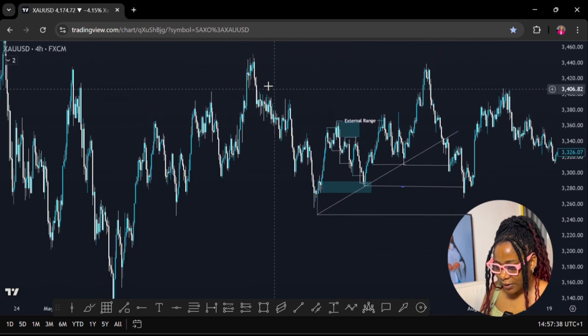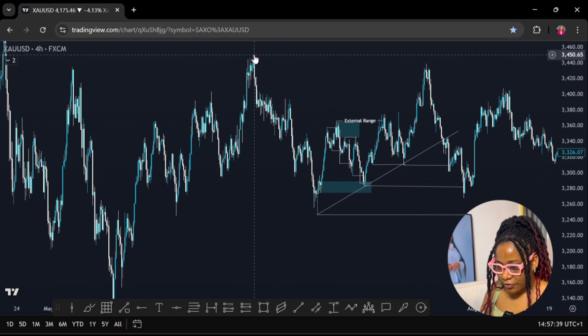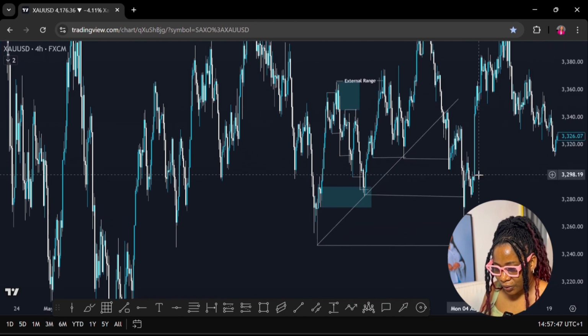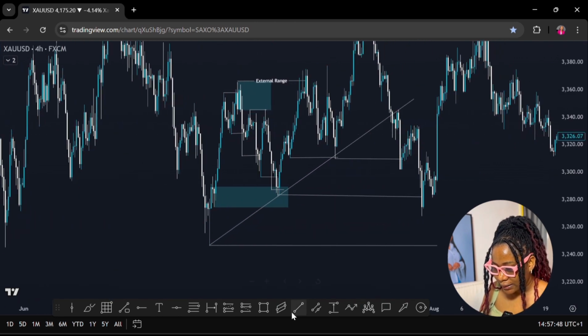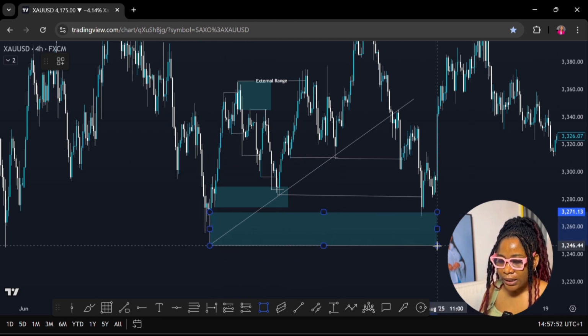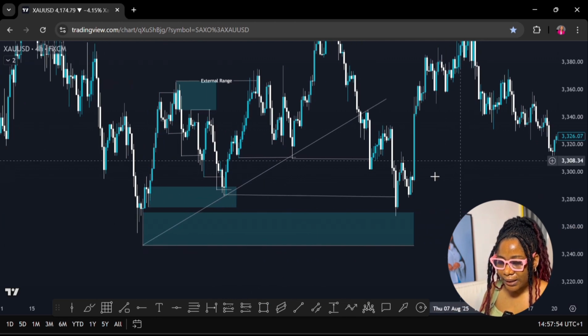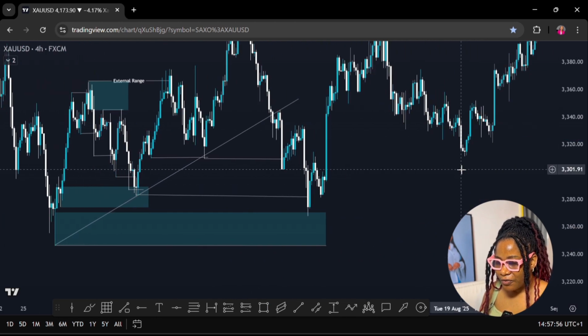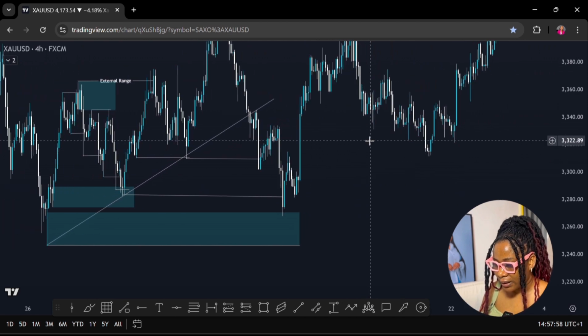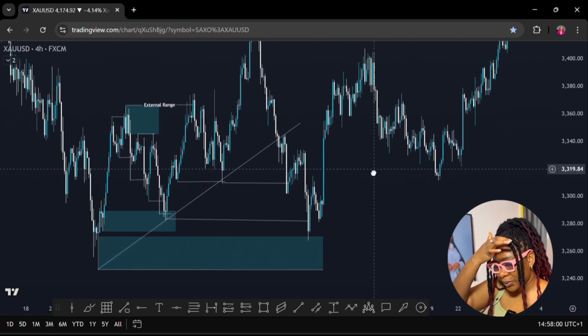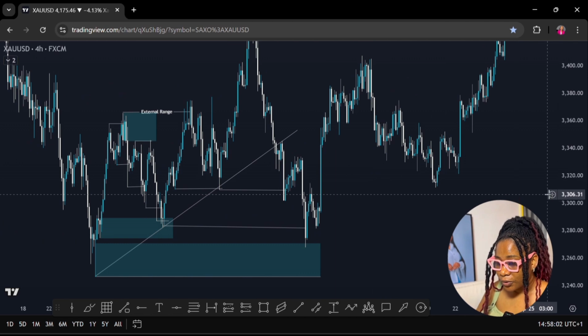If you zoom out, this is our swing leg from here. It has not been taken out, so this is our swing leg here. So you can see price took them all out, then used the extreme orders, filled in the extreme orders, and started buying. Price does this over and over again. Yeah, from internal to external, from internal to external.